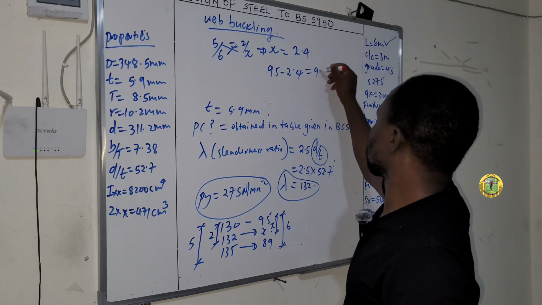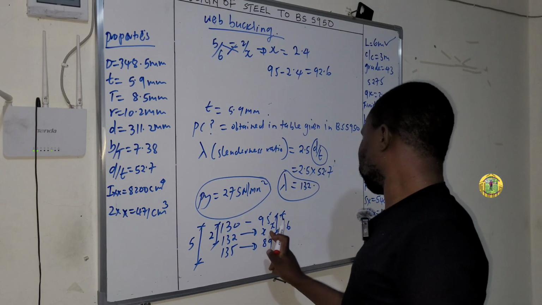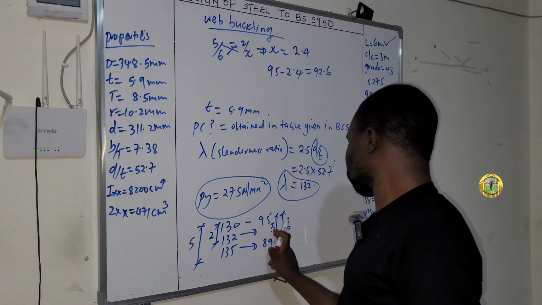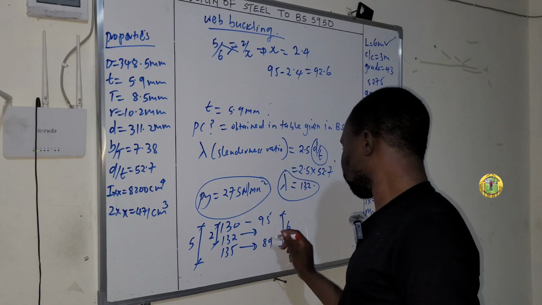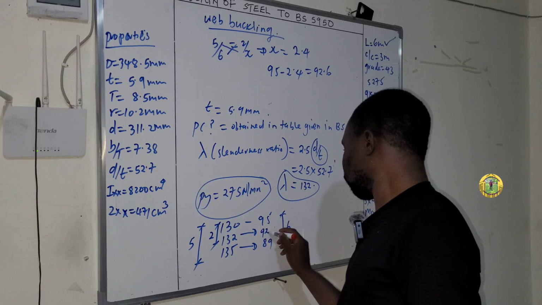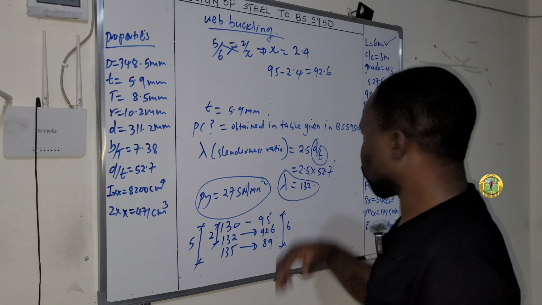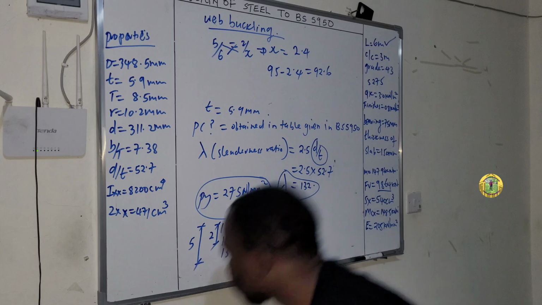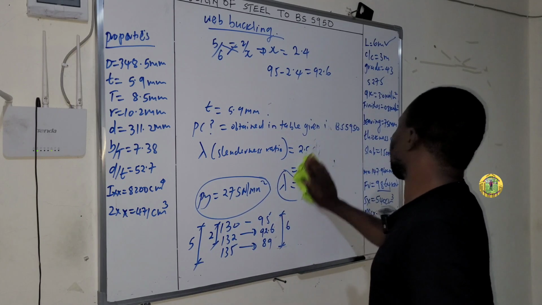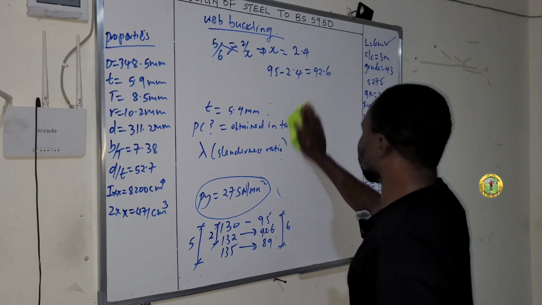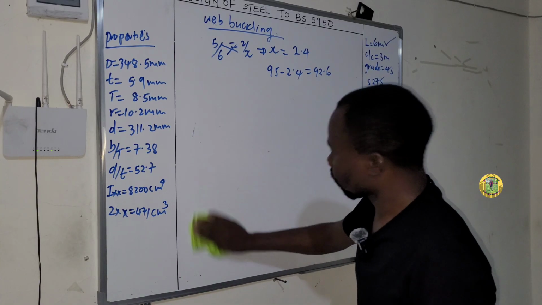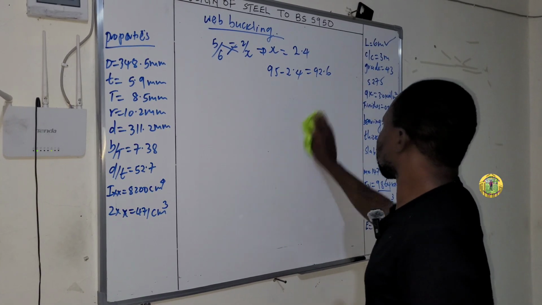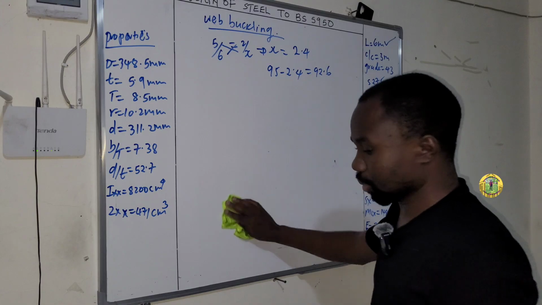So our value here is 92.6. Like that, we have everything in our formula. We can now insert these values in our formula.